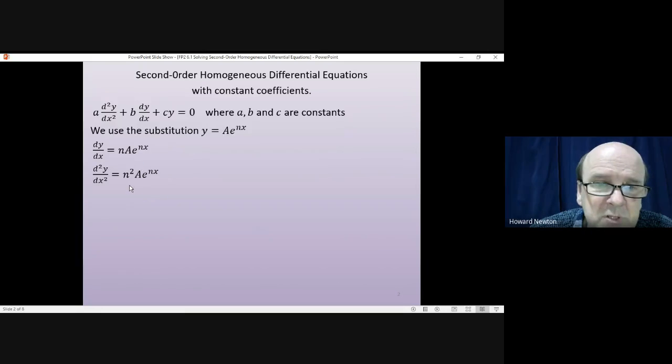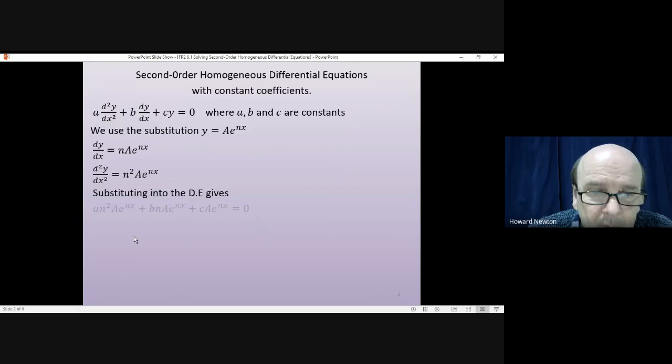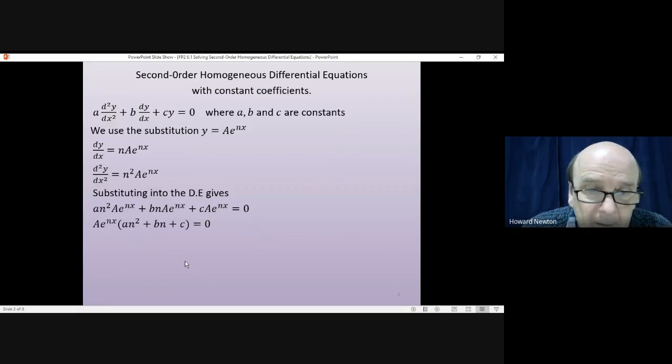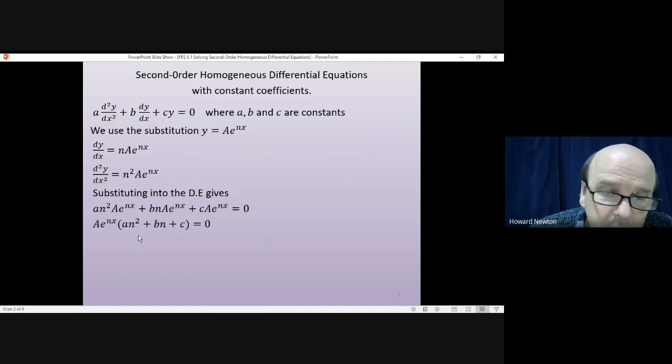Now substituting those three things in will give us an squared ae to the nx plus bn ae to the nx plus c ae to the nx equals 0. Factorizing that gives us ae to the nx times this quadratic, an squared plus bn plus c equals 0.